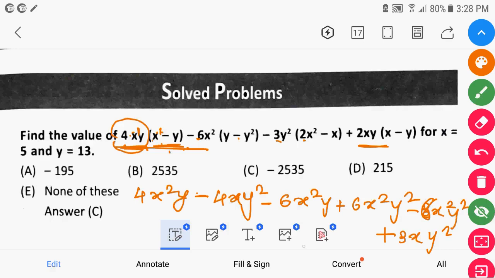This also you have to multiply: 2x square y minus 2xy square. Now see, this is minus 4xy square, this is minus 2xy square. The variables are the same, so we can add them, and it becomes minus 6xy square.